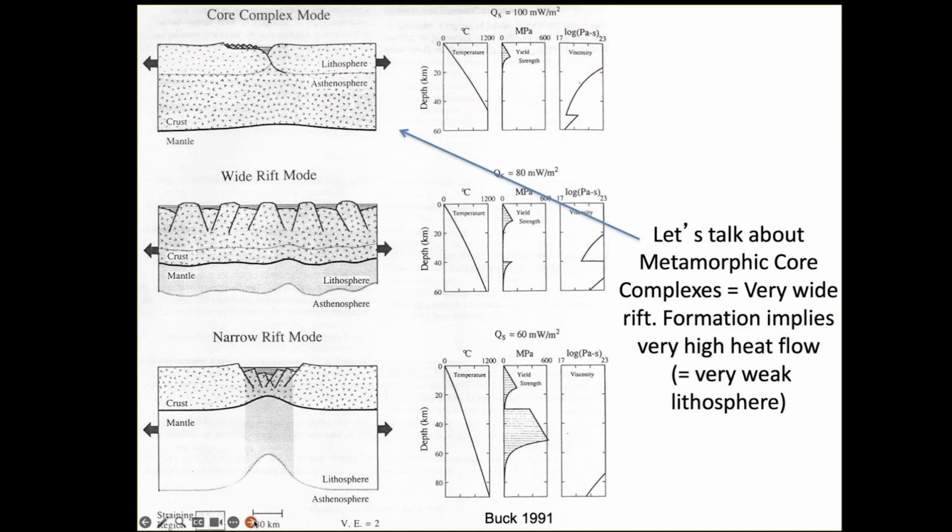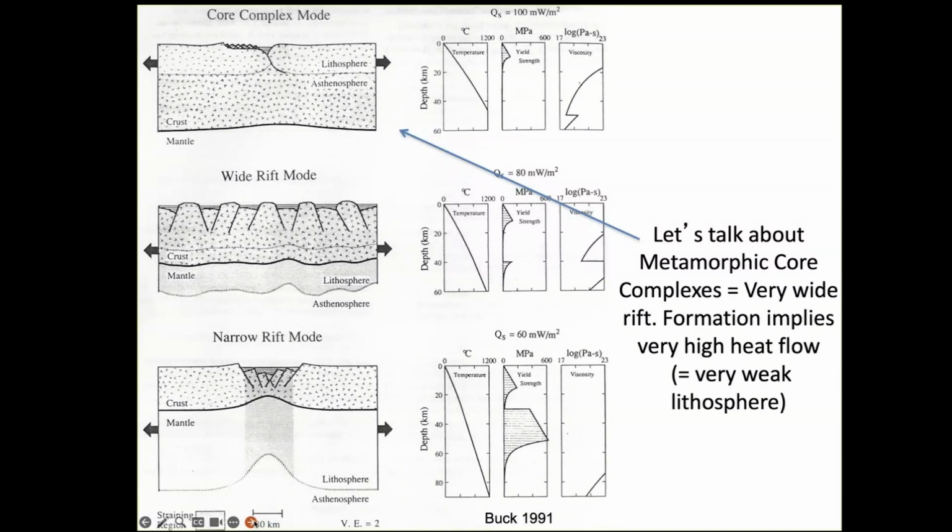All right, now let's talk about core complexes, which is kind of put up here as the next step beyond wide rift mode. So a core complex is a very wide rift, and its formation implies very high heat flow and very weak lithosphere.